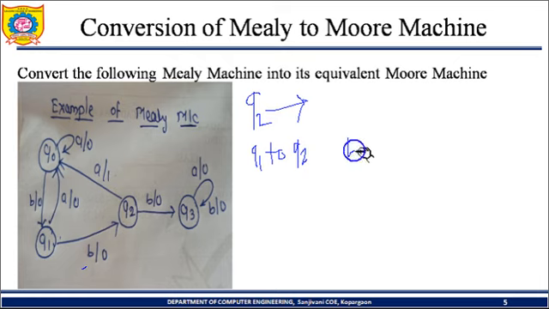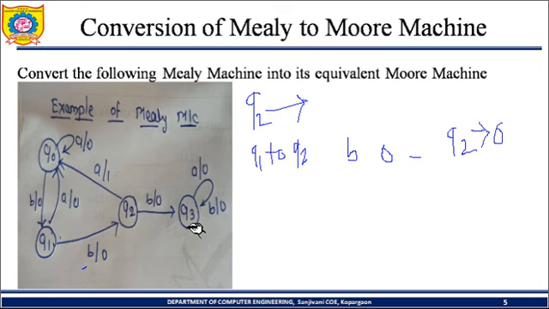As we are getting a single output, there is no need to split that Q2 state, and Q2 state will remain the same for output 0, because there is only one output.